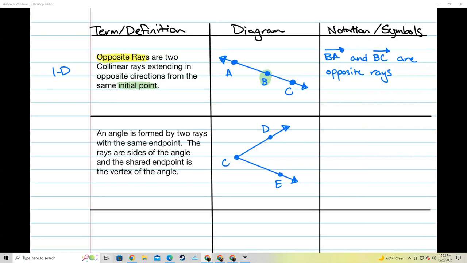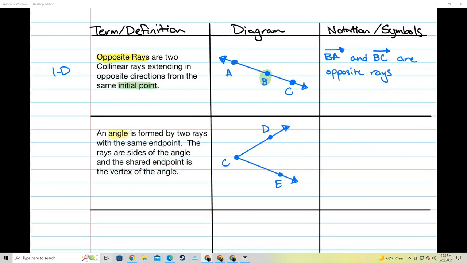Vocabulary word for this one is an angle. It says an angle is formed by two rays. I definitely see two rays right there, and they do share the same endpoint. The endpoint would be right here. They share the same endpoint. It says the rays are sides of the angles and the shared endpoint is the vertex of the angle.